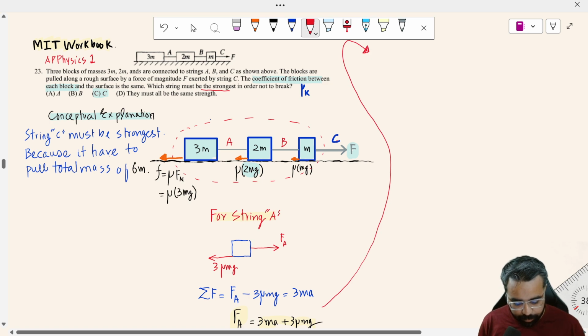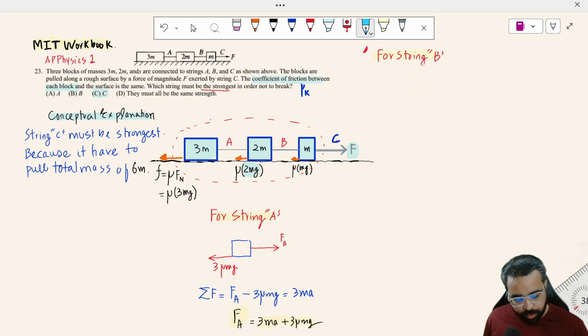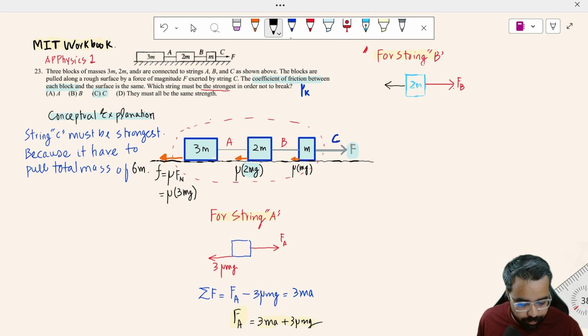So now for string B, look at this mass 2m. Horizontally towards the right, we see this force Fb, whereas on this side, can I say it is a force Fa?